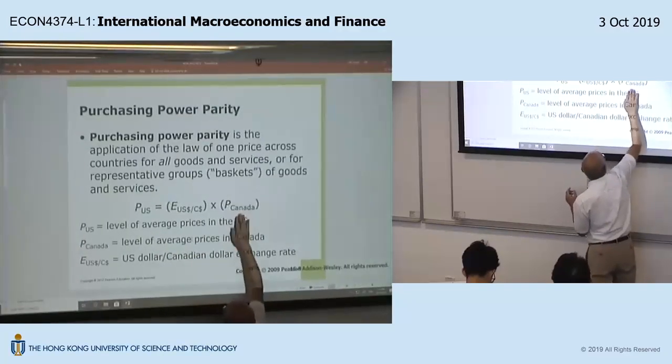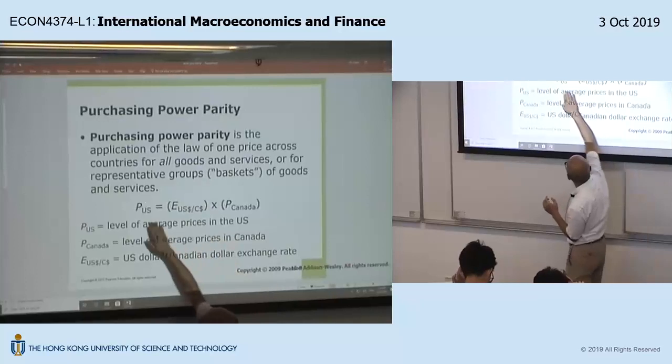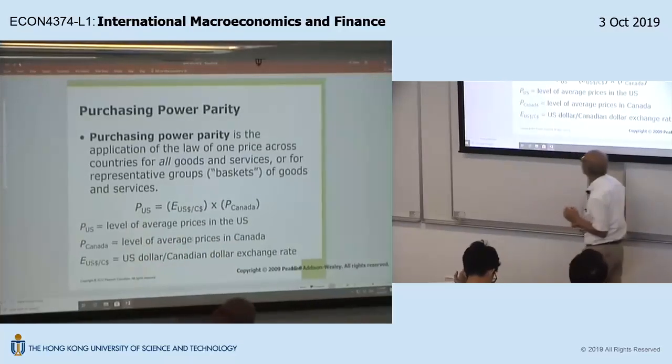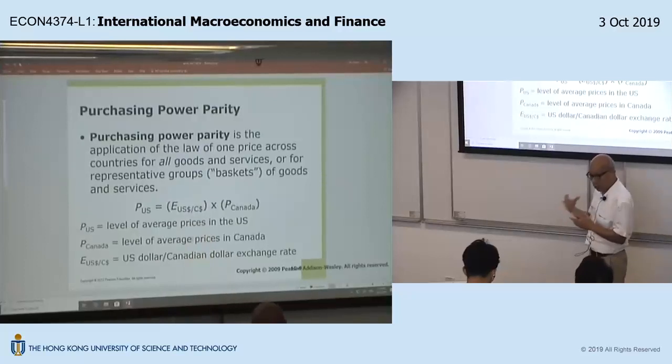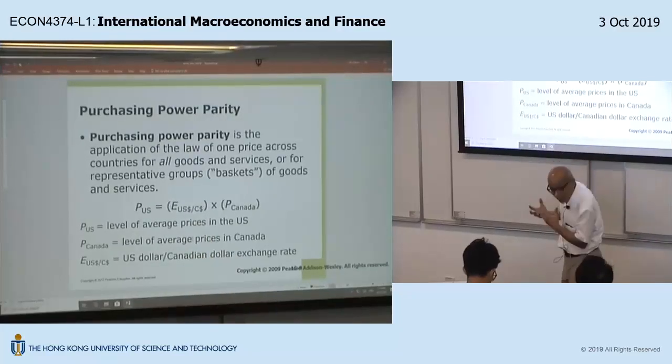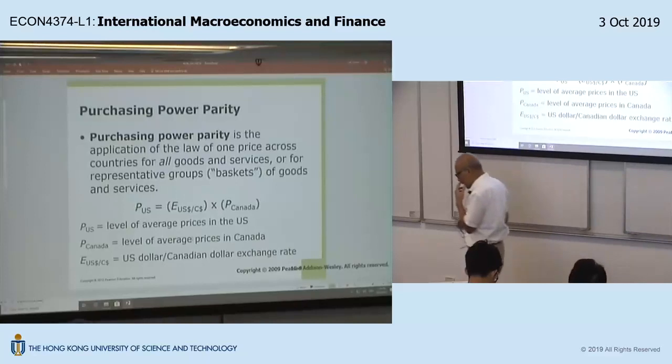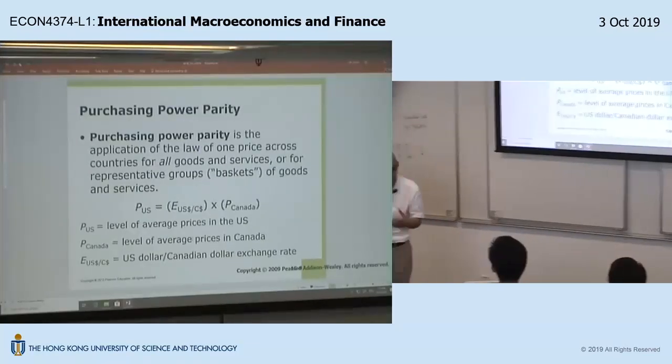The rate of change of this is the inflation rate in Canada, and this rate of change is inflation in the U.S. And this will be the change in the exchange rate between the two countries. So it begins to make a little bit more sense.